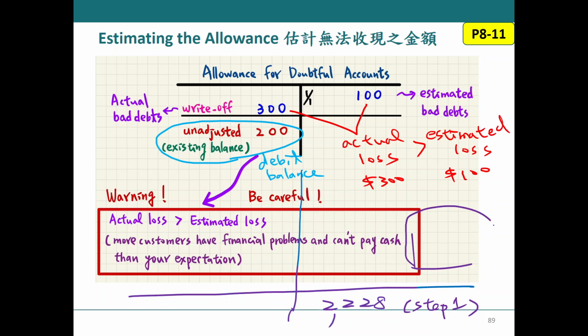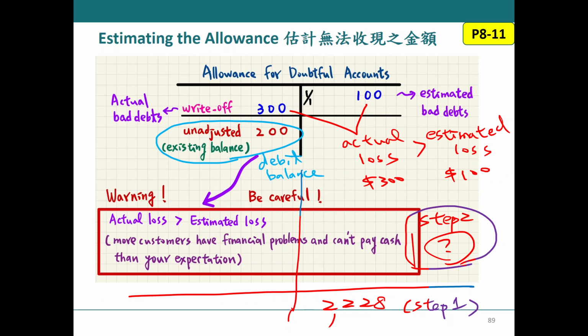So for your step 2, how much do we need to estimate this year? If we estimated too little before, then you should estimate more this year, right? 之前估计不够，那今年就要多估一点嘛。Okay? So please finish your note on page 28.